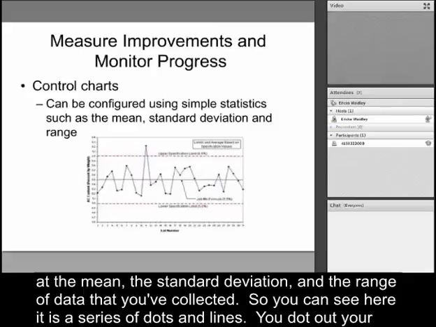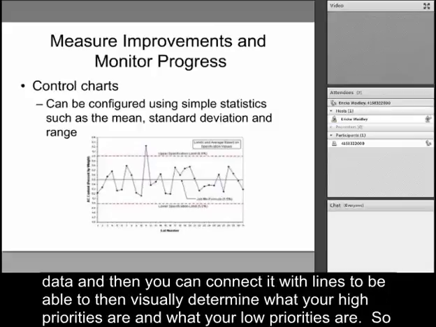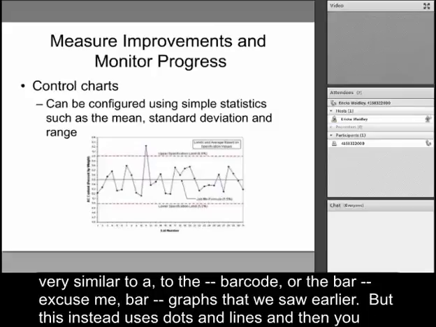So you can see here that it's a series of dots and lines. You dot out your data, and then you can connect it with lines to be able to then visually determine what your high priorities are and what your low priorities are. So very similar to the bar graphs that we saw earlier.